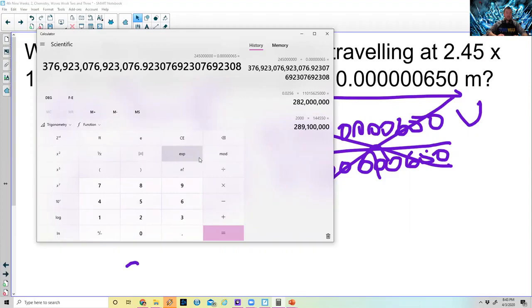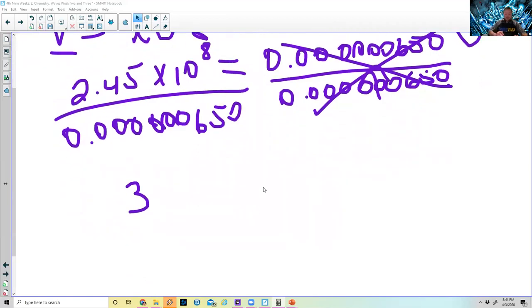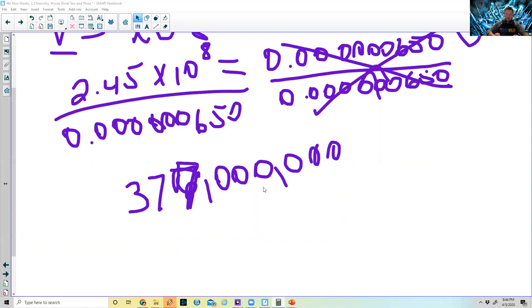That comes out to be 376, well, that's hundreds, thousands, millions, billions, trillions. 376, actually I would round to 377, followed by a lot of zeros.